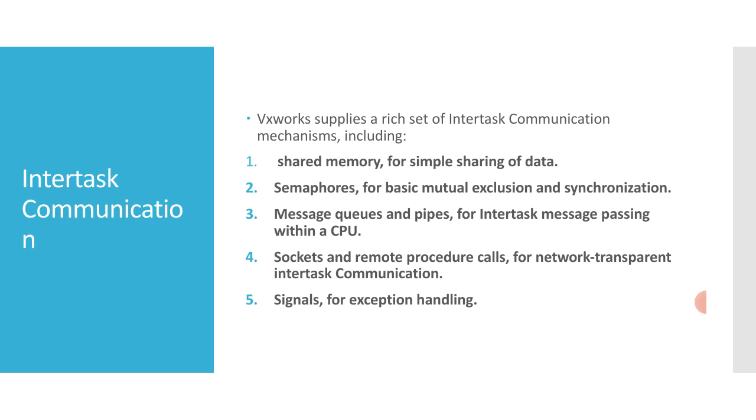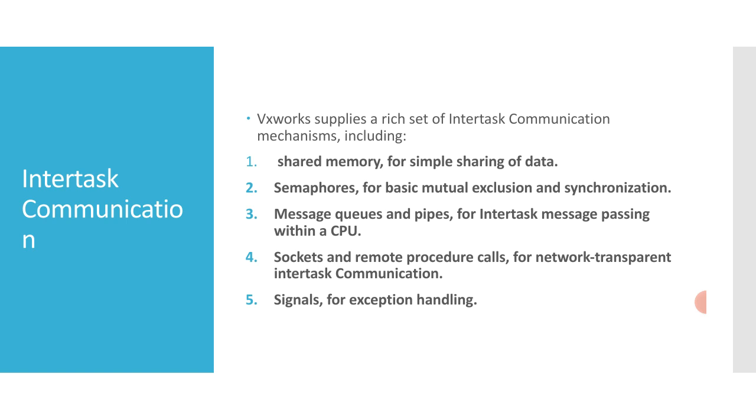The optional product VxMP provides intertask communication over the backplane for tasks running on different CPUs. This includes shared semaphores, shared message queues, shared memory, and the shared name database.